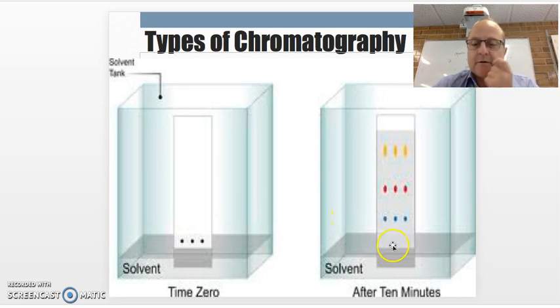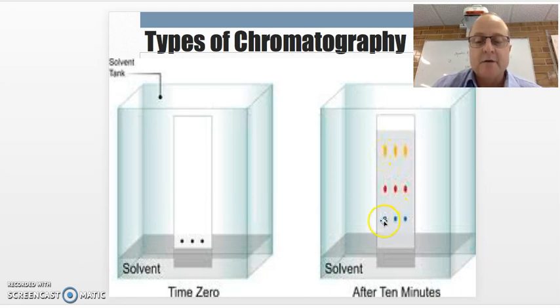So if we look at the after diagram here, we can see that there's one component, these three blue dots here, that's separated and adsorbed to the stationary phase here. We can see another component, which is red, that has adsorbed to the stationary phase up here, and the final component of this mixture is separated out and adsorbed up here.